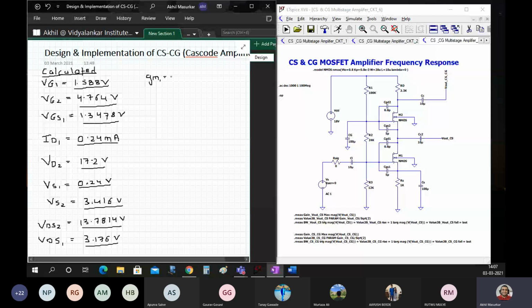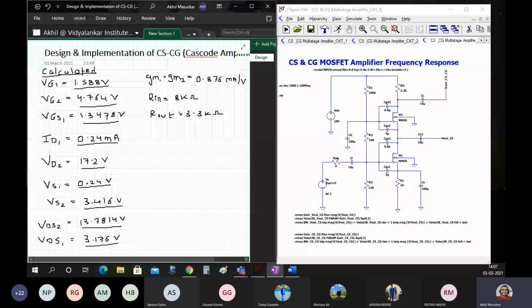0.876 milliamperes per volt, or we can also say millimhos. Then we had Rin, that is input impedance, which was 8 kilo ohms. Then we have Rout, which was 3.3 kilo ohms.